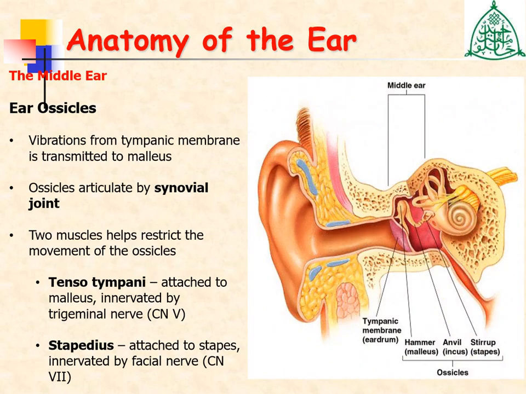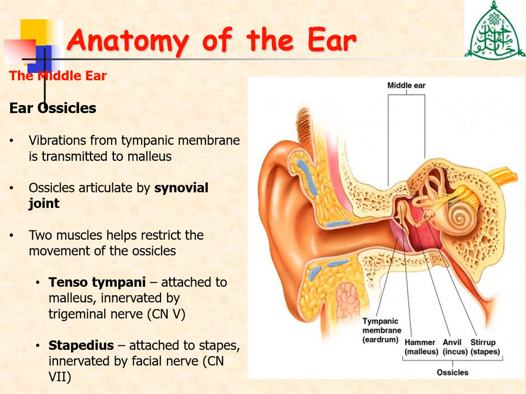Now, the vibration from the tympanic membrane, as I said, is transmitted to the malleus. Don't forget, these are also joints, and the connections between these bones are joints. The type of joint usually present is a simple synovial joint. Now, within these areas, we have two muscles that control and regulate the movements of these bones.